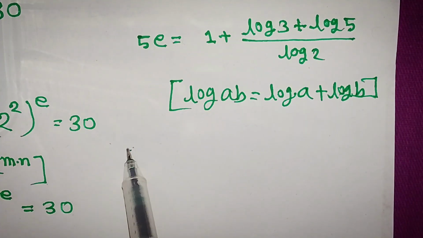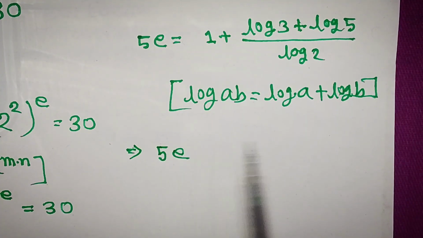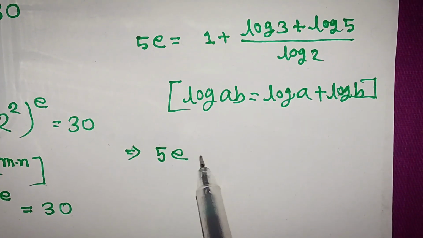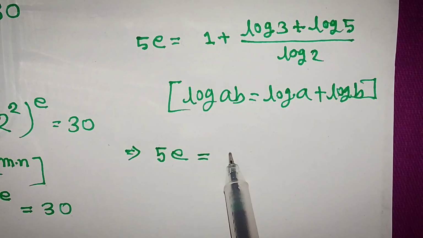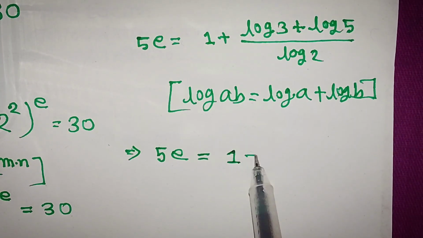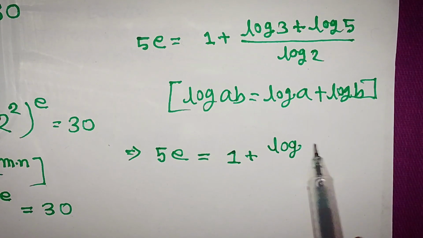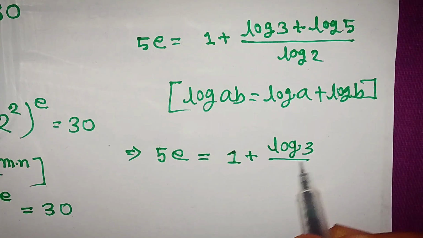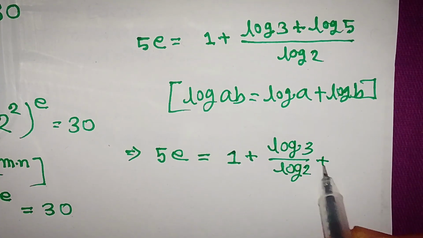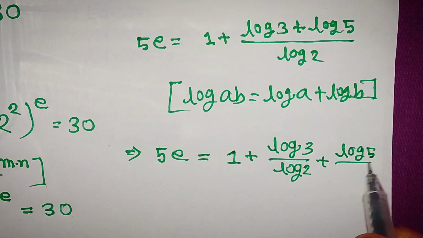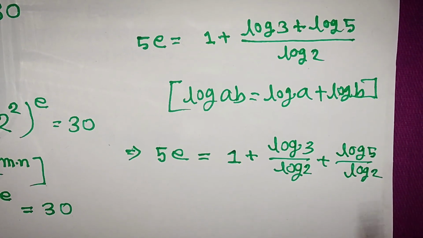So after simplifying this equation using this formula, the equation looks like 1 plus log 3 divided by log 2 plus log 5 divided by log 2.